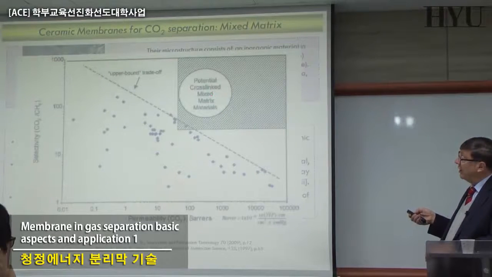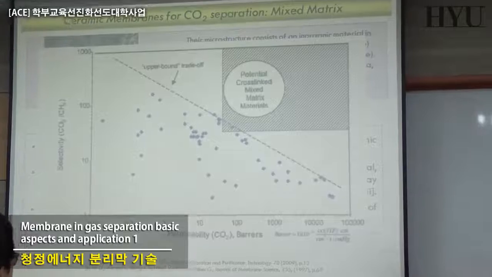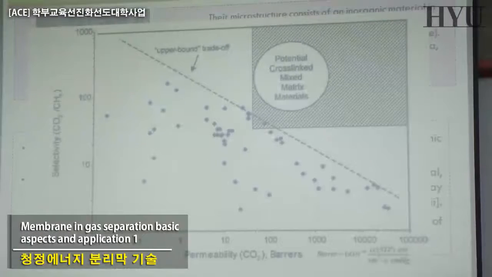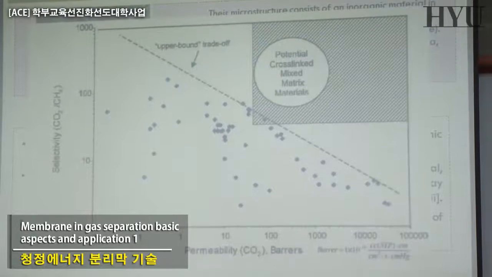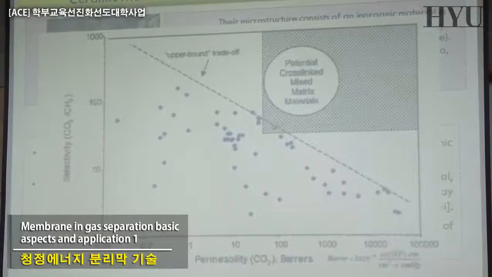We can have a situation in which it's possible to work up here. That's the case of the cross-linked mixed matrix materials that have been analyzed, and that should be very interesting for solving a lot of problems, starting from CO2, which is one of the major problems we have to face today. So that's why people are spending a lot of attention on this kind of situation, and I told you there are some Nobel Prize winners specifically working today on this problem.